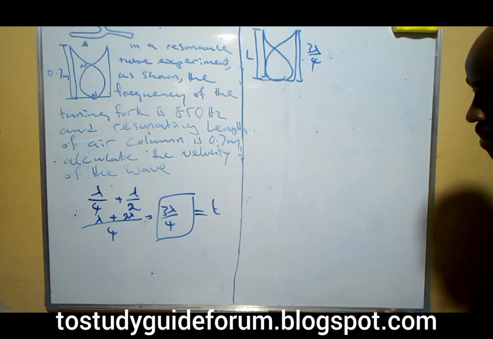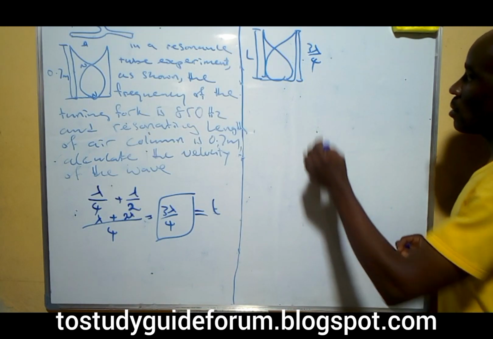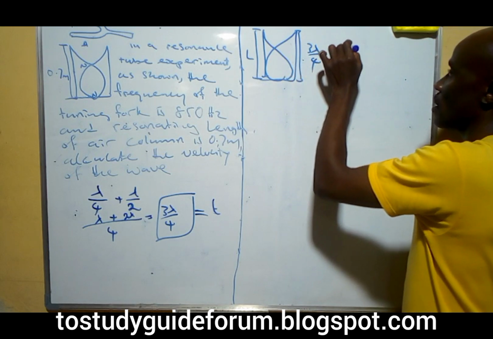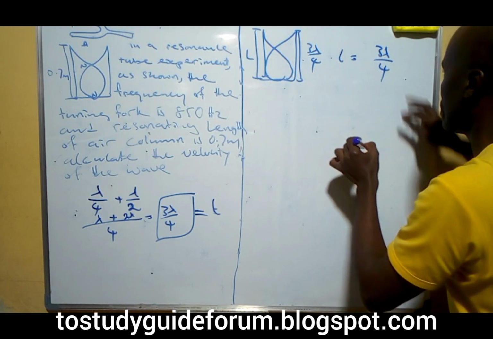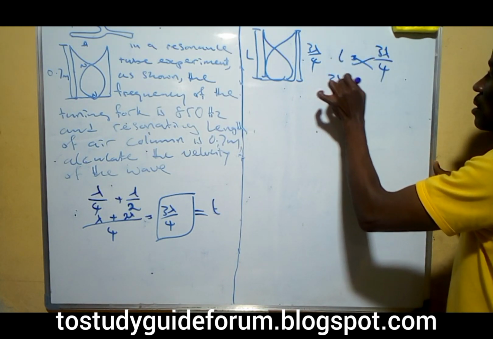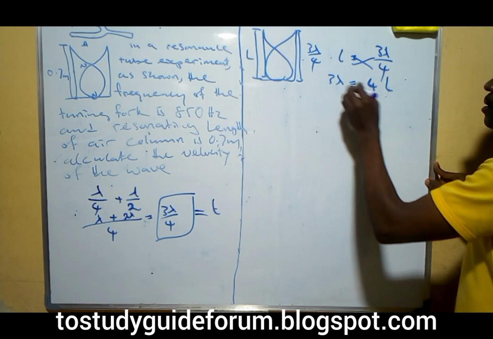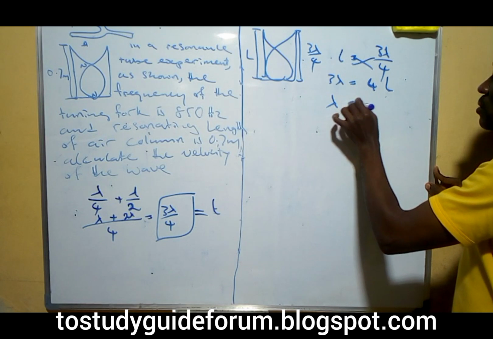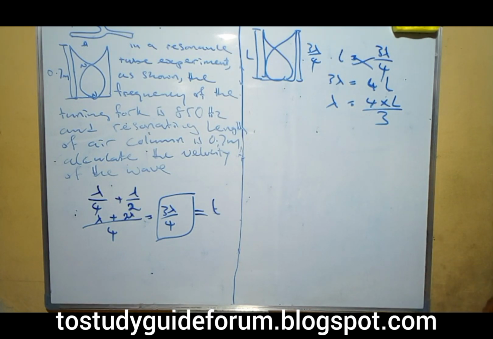The next thing we are going to do here is to substitute the various values that we have. We know that length is equal to 3 lambda over 4, so crossing over, lambda equals 4 times L over 3.